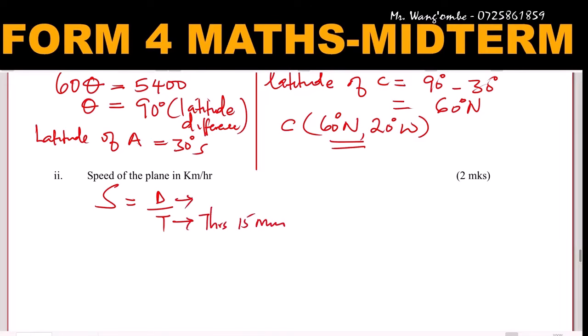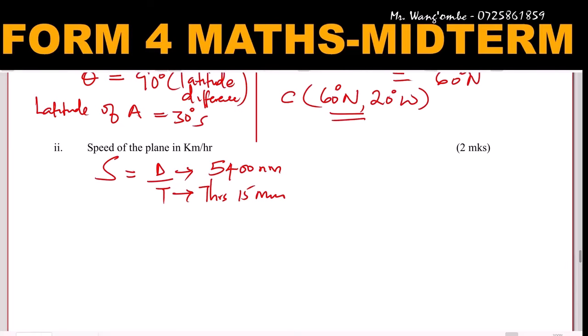Then the distance is given in nautical miles, 5400 nautical miles. But we need these in kilometers per hour. So what are we going to do? We shall convert 5400 nautical miles to kilometers, and then we work with the distance in kilometers and time in hours. So to do that, we use 1 nautical mile is given as 1.853 kilometers.